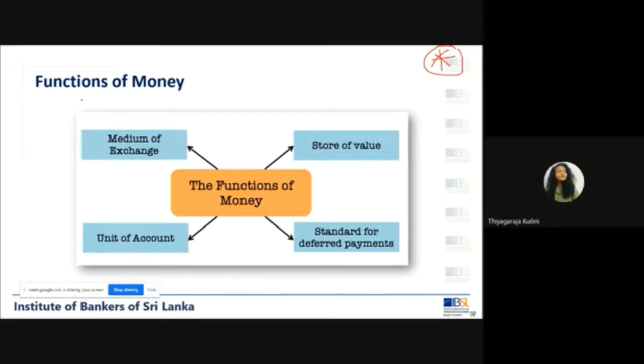So do some storage, like savings and investments, is it? Unit of account is like, you can use money to measure, right? To express the value of some goods and services.